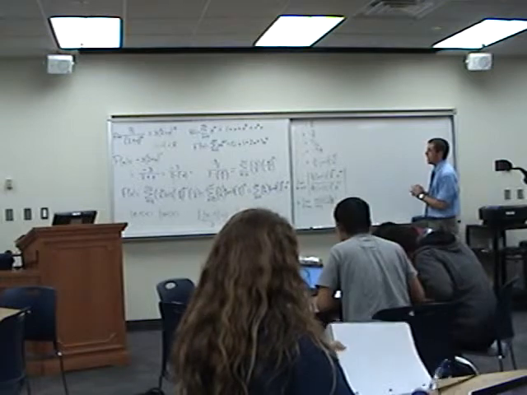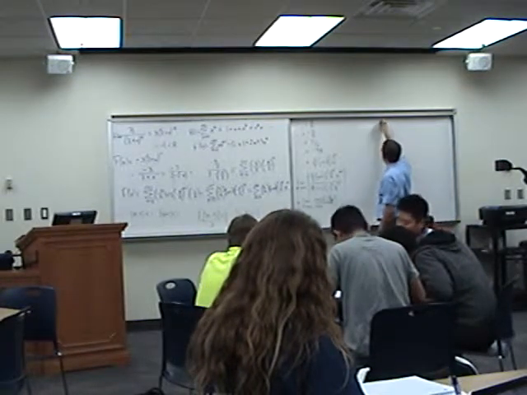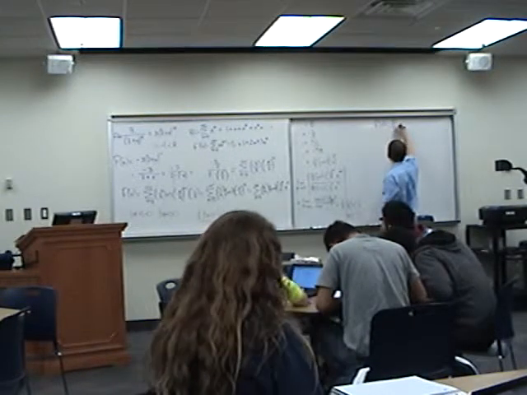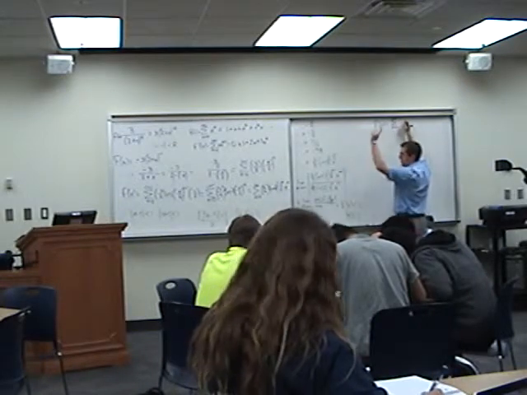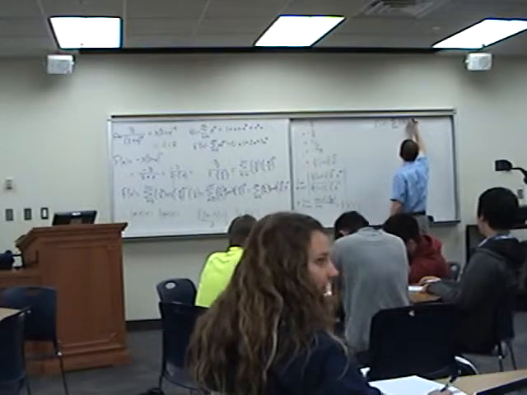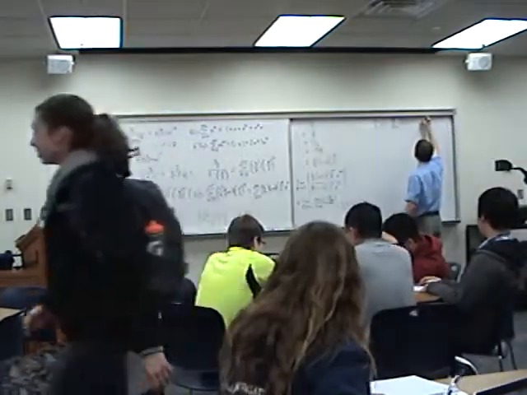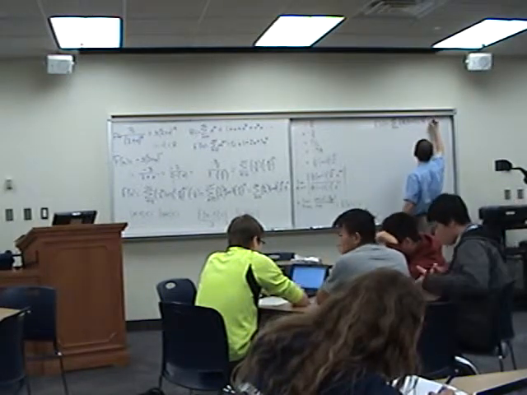The next question that they ask on the online homework is, given that you just found f of x is equal to the series n equals 0 to infinity of 3/4 times n plus 1 times negative 1/2 to the n, x to the n.